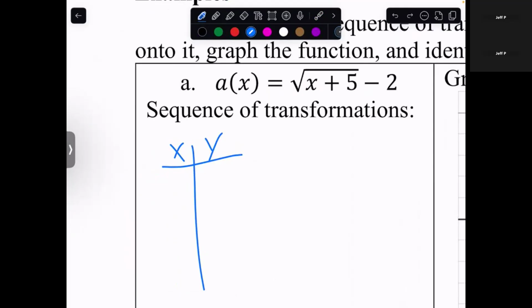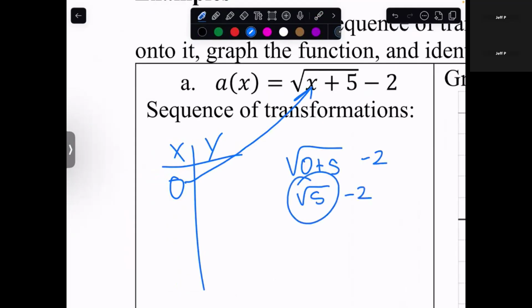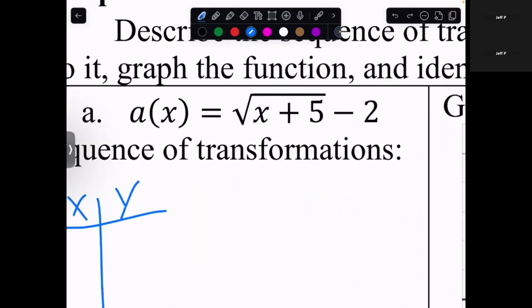So for example, normally 0 is a perfectly good number, right? What happens if you plug in 0? You do what's inside first, 0 plus 5 is 5. Then the square root of 5 is an irrational number. It doesn't turn out nicely. So we would probably not want to use this number. So what numbers should we use?